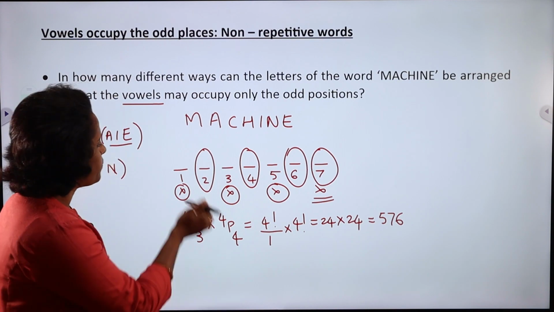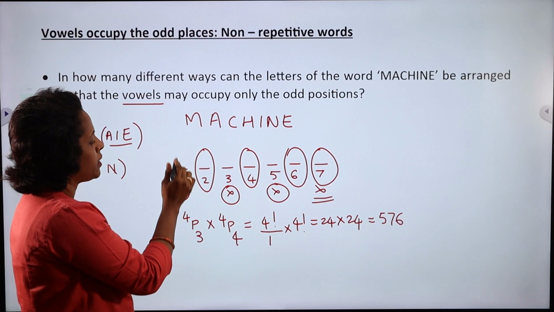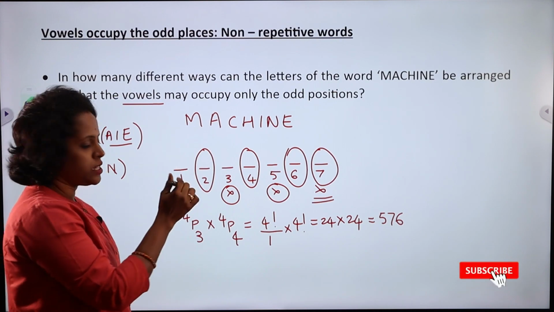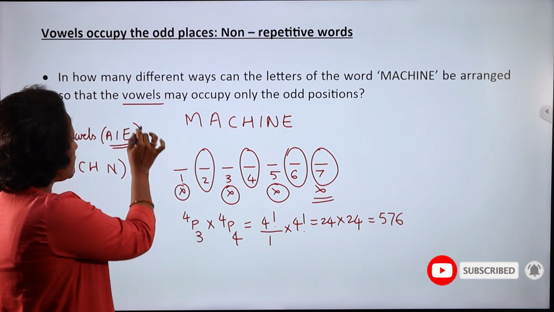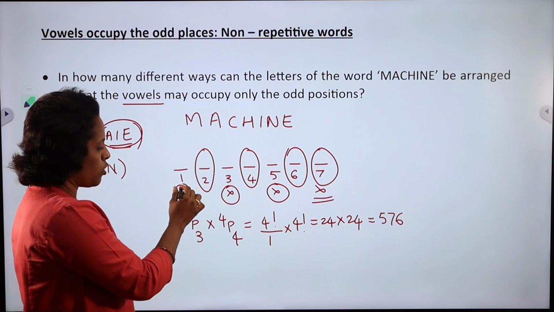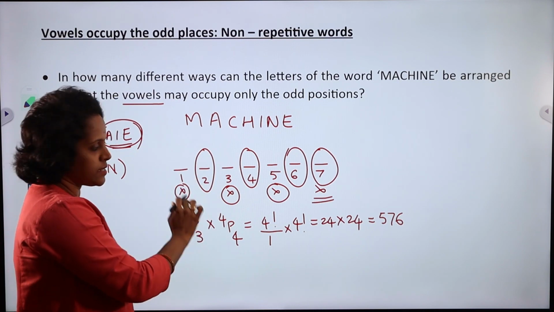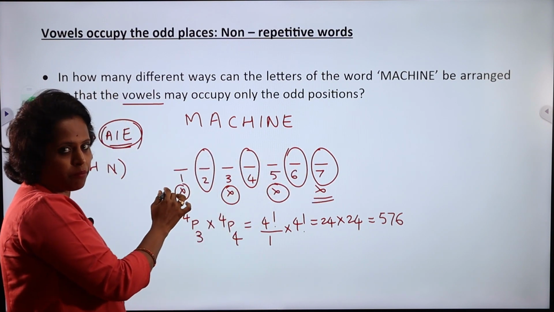Hope you got it. It is a 7-letter word. We took 7 blanks. Odd positions are 1, 3, 5, 7. But we have only 3 vowels which are to be filled in 4 blanks. 3 places are already filled. This is just an example. I can fill 3, 5, 7, then 1 will be empty, right?